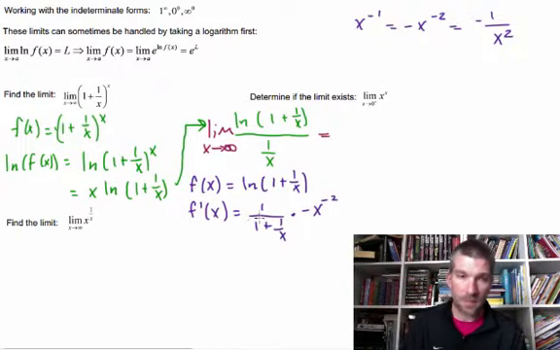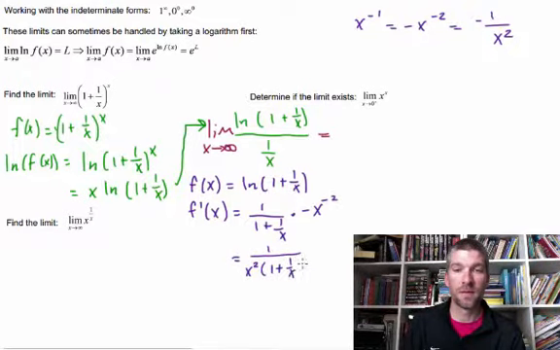Okay? There's my derivative. And we can clean this up a little bit if we want. We can have 1 over x squared times 1 plus 1 over x, with my negative sign there, or negative 1 over x squared plus x, because x squared times 1 over x would just be x.